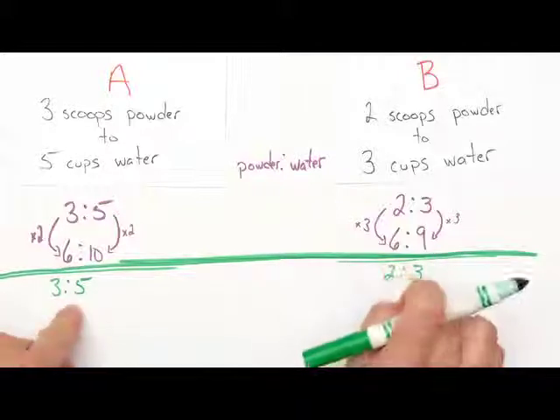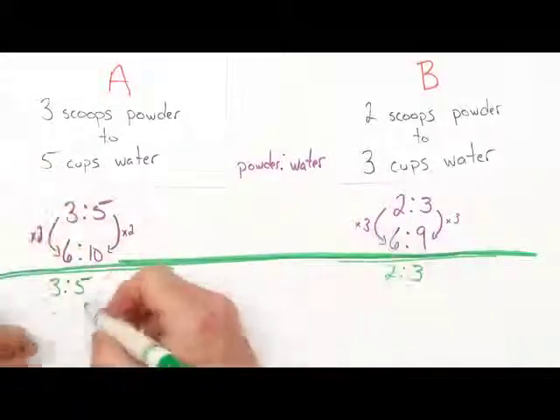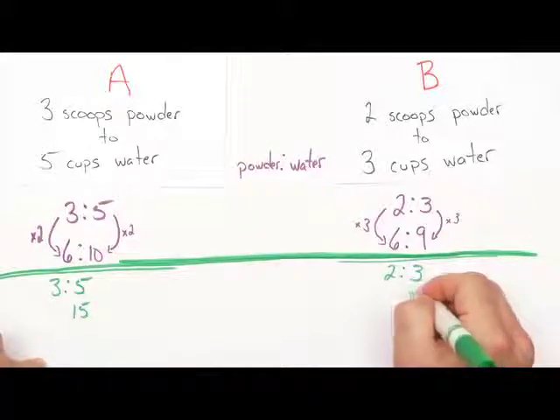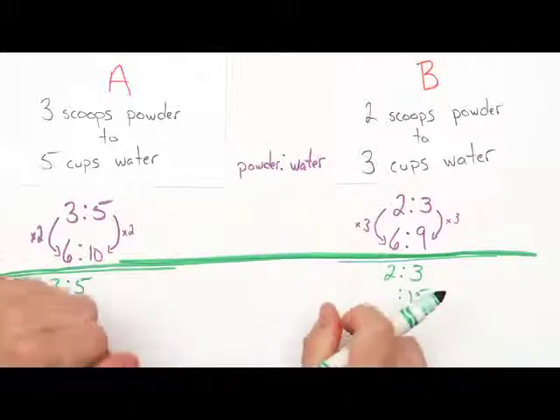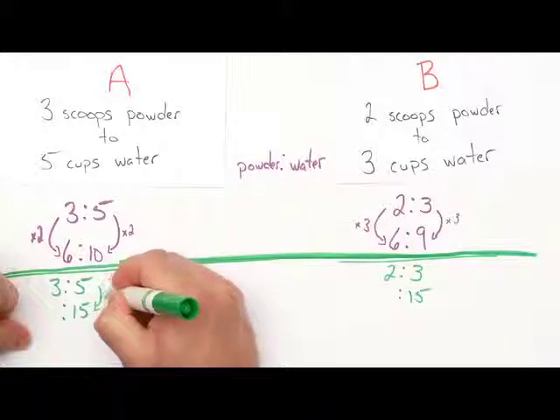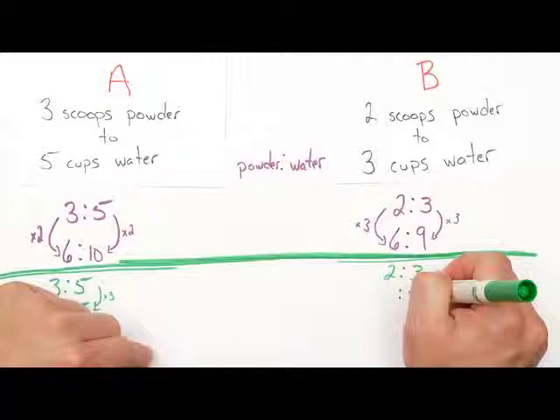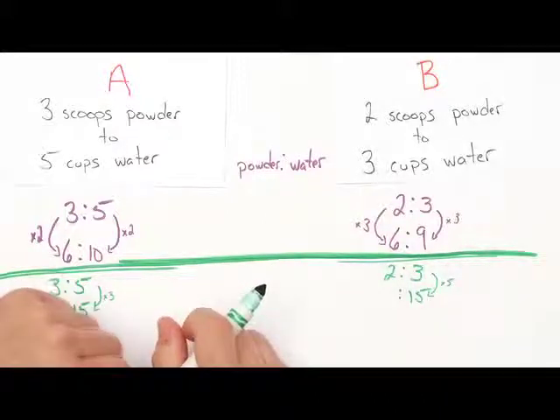The second terms are 5 and 3. A common multiple for 5 and 3 is 15. Multiply the term in the first ratio by 3 to get 15, and the term in the second ratio by 5. That gave me 15 there.